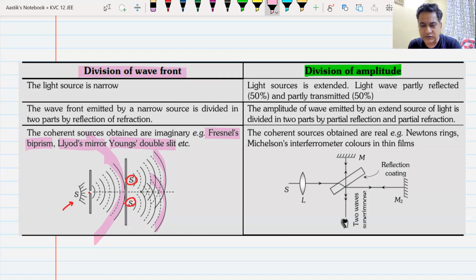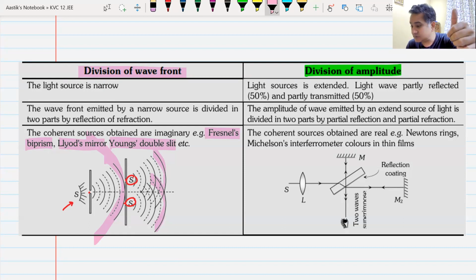A slit is nothing but a small opening in a cardboard. You can do it using a Fresnel biprism, or you can do it using a Lloyd's mirror. All these methods produce coherent sources from a single source of light by division of wavefront. Do we understand this?